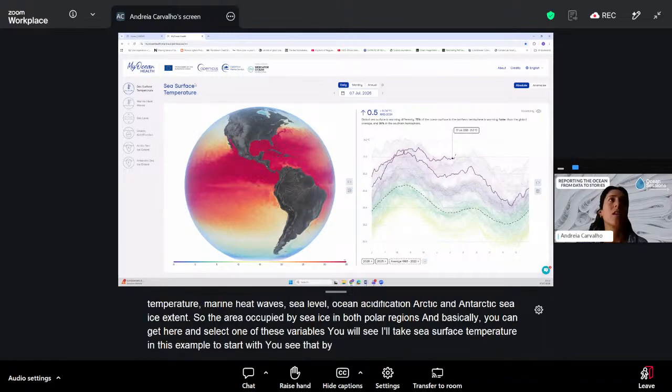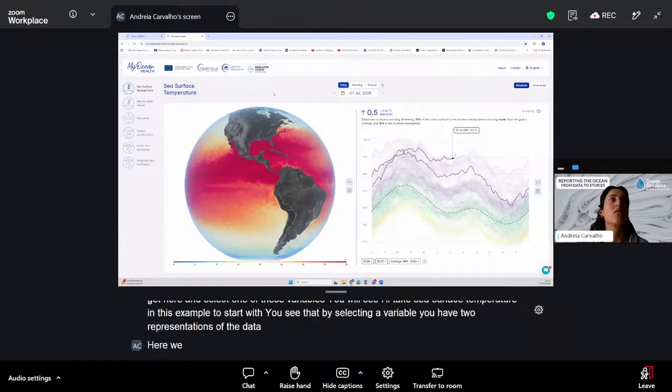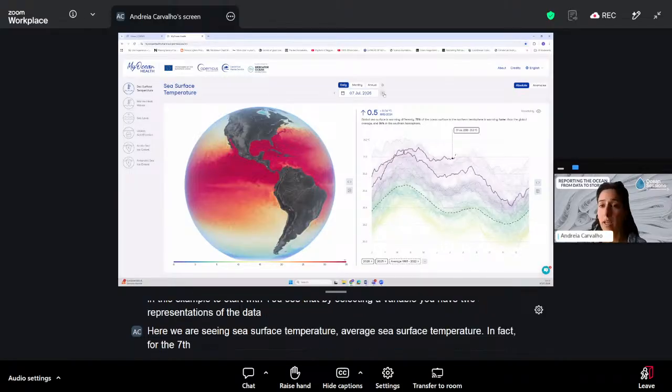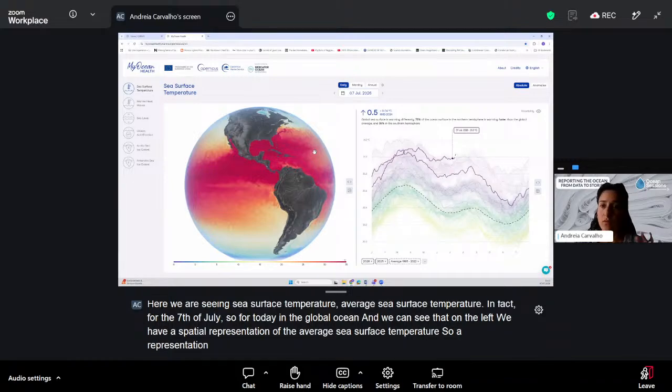You see that by selecting a variable, you have two representations of the data. Here we are seeing sea surface temperature, average sea surface temperature, in fact, for the 7th of July, so for today, in the global ocean. And we can see that on the left, we have a spatial representation of the average sea surface temperature, so a representation of this temperature across the whole globe.